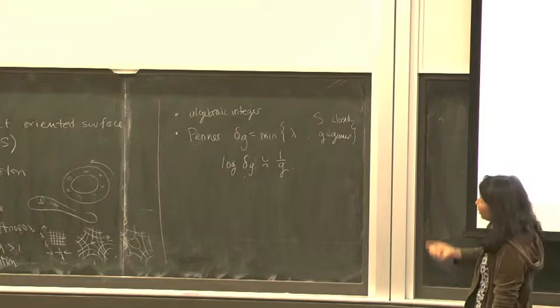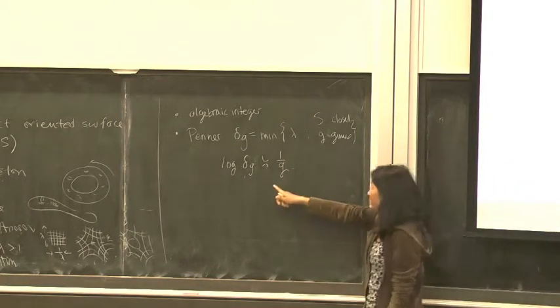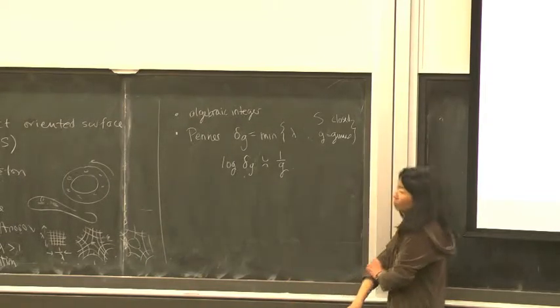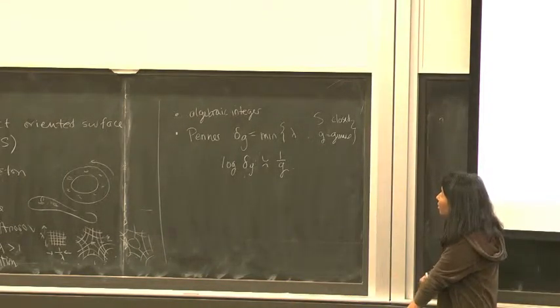So in particular, as you let g get large, delta_g will get small, and it goes small like this.